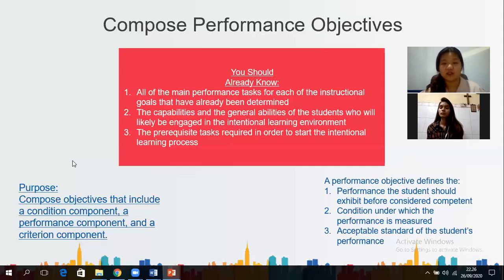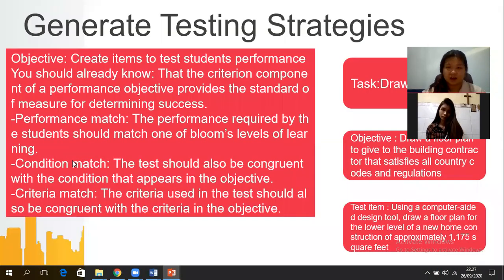And then the last one is an acceptable standard for the student's performance. So we have to make the standard acceptable for the students, because we have to know the students' performance, and we have to make it equal. Okay.